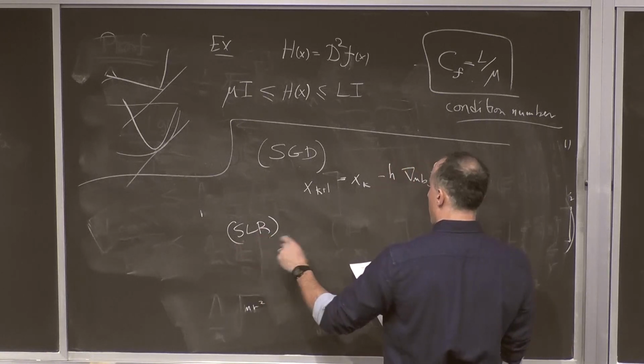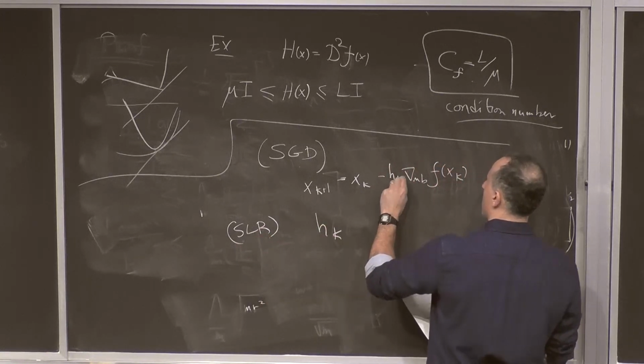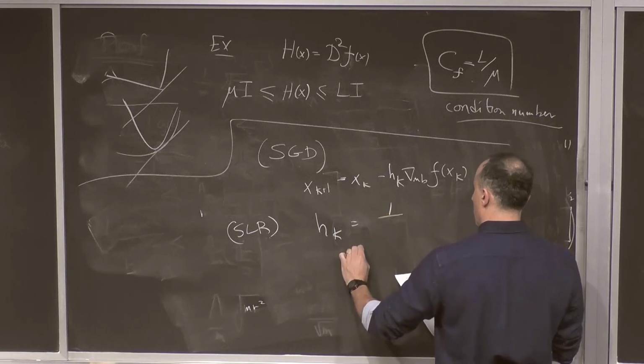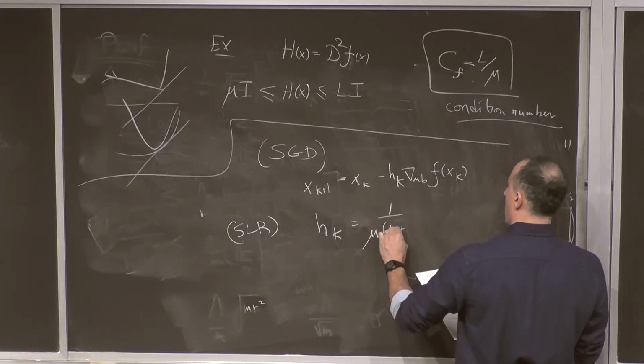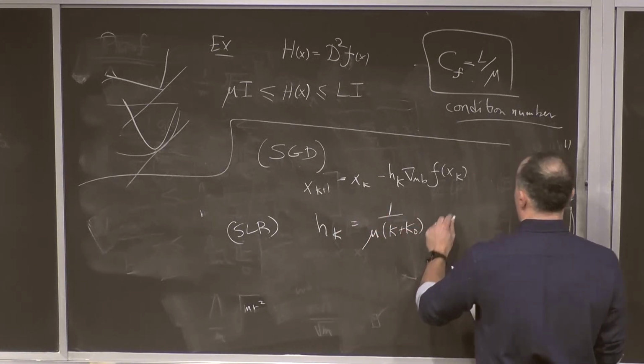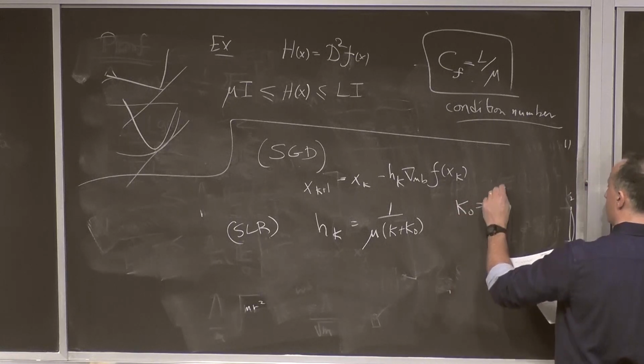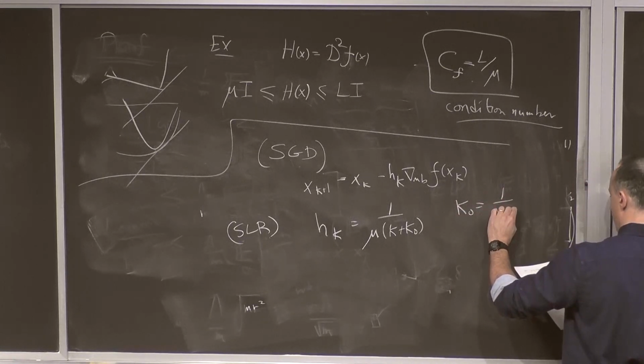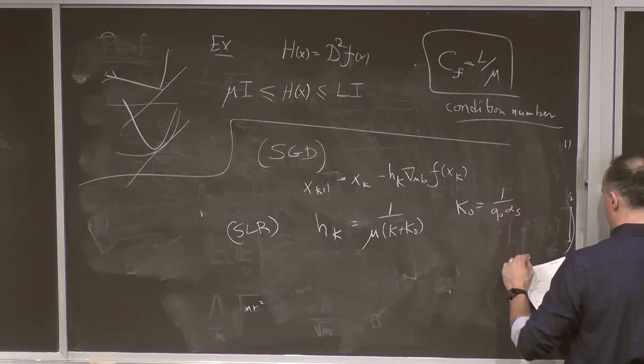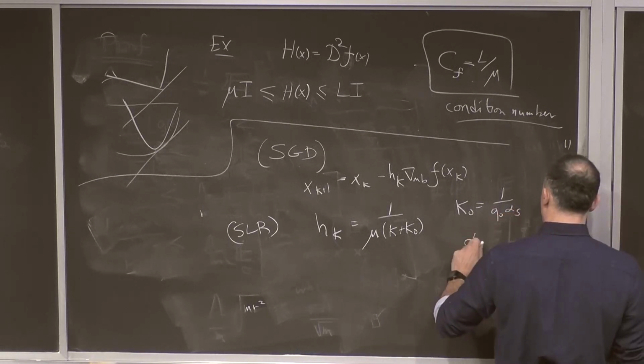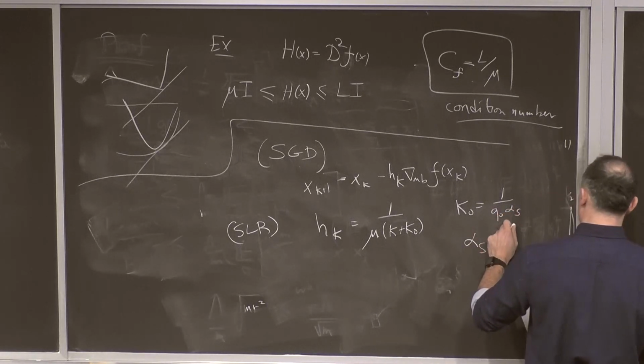So the scheduled learning rate is to set this. And I'm just saying that K naught, there's a lot of constants flying around. Alpha S is going to appear in the rate, that's why I'm defining it.